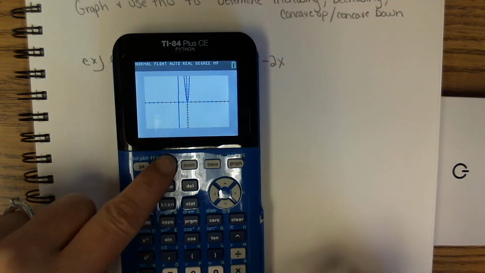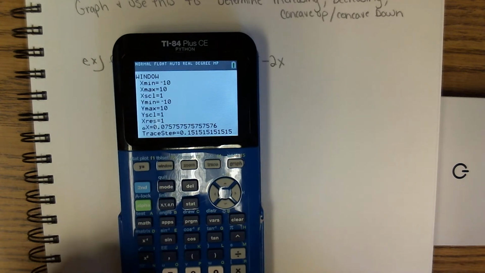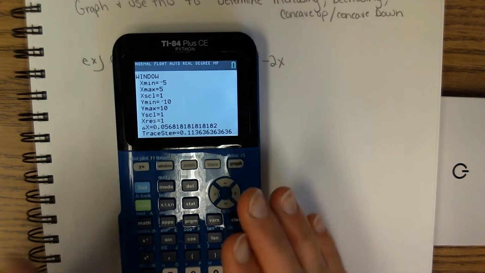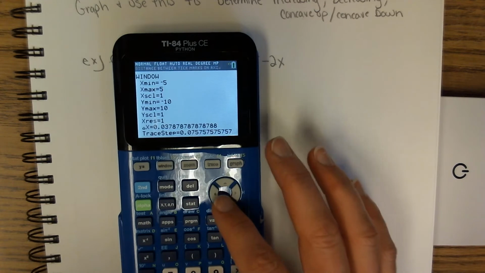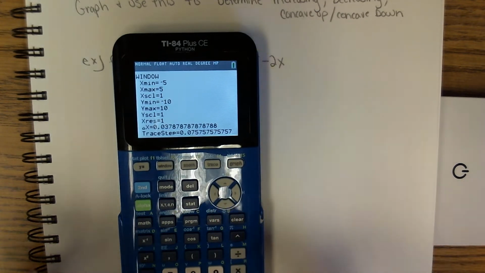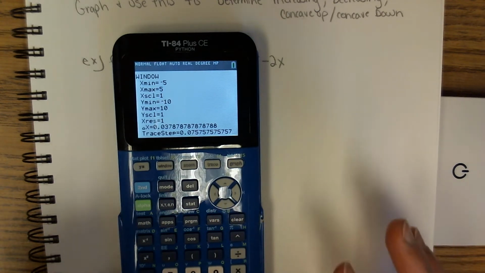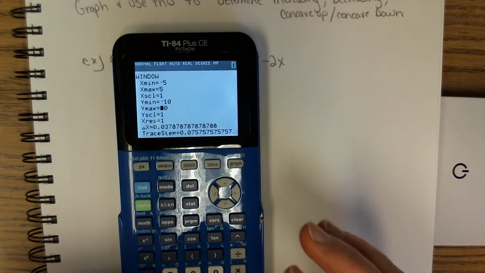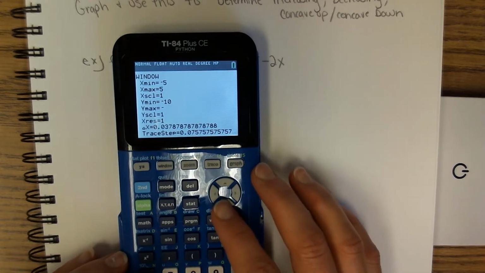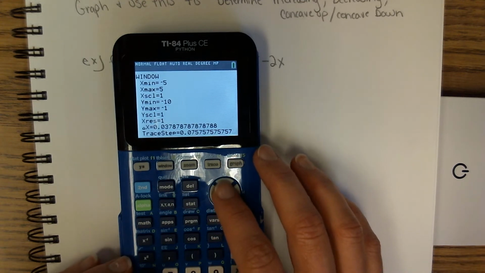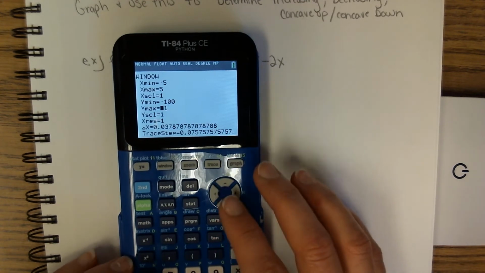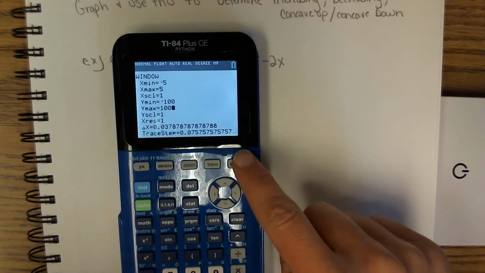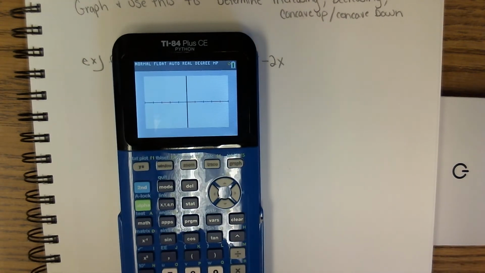I'm going to go to my window, and let's do -5 to 5, because I'm not sure yet what my minimum and maximums are going to be. I know I need to increase them, I just don't know by how much. Let's do y min -100 and then 100. Just see what happens. Then we hit graph and we see what it looks like.